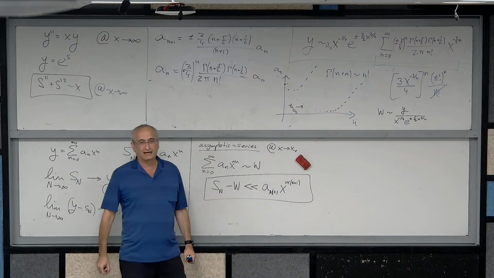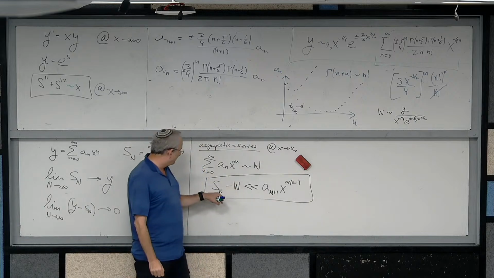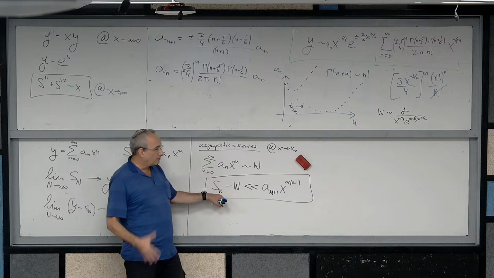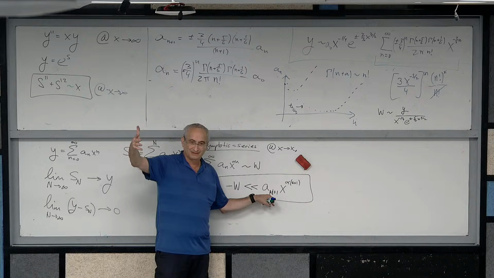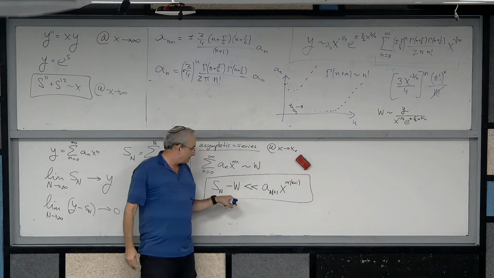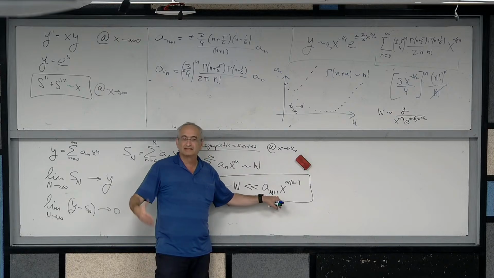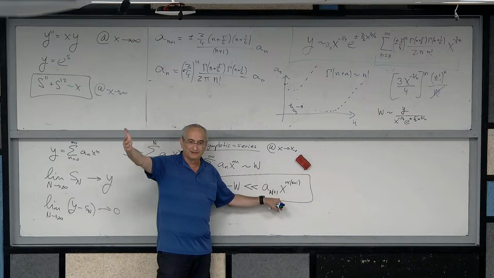Now you may ask, but what happens if I calculated the partial sum up to the 5th term, and it so happens that the 6th term is 0, but I have another term? In which case, this is not true. So if a_{n+1} is incidentally 0, please replace it by the next non-zero term in the series, so by n plus 2 or n plus 3 or whatever.